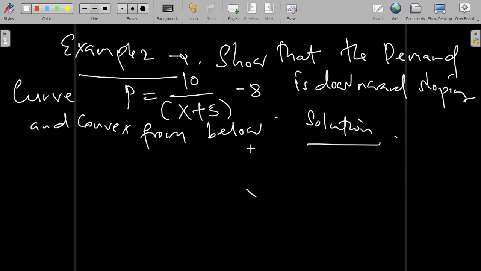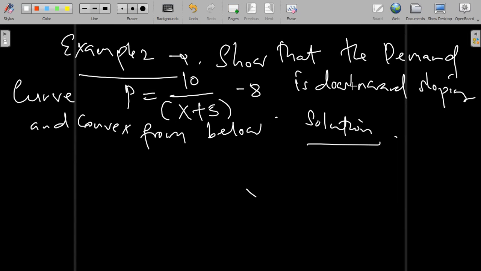Now the condition for convex is that if the second order derivative is positive, that implies that it is a convex function. Now for that case, we need to apply the quotient rule so as we can solve for the value.